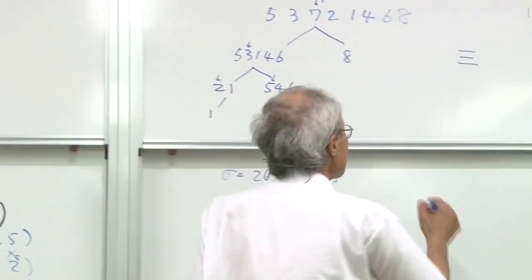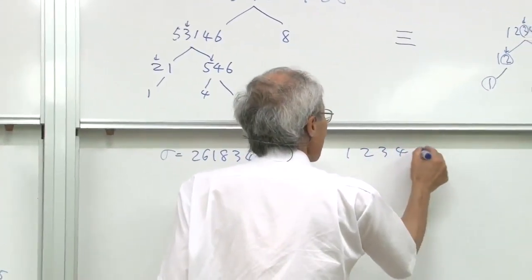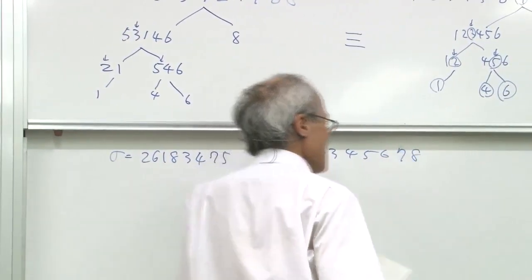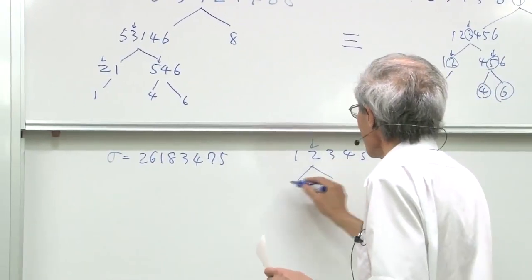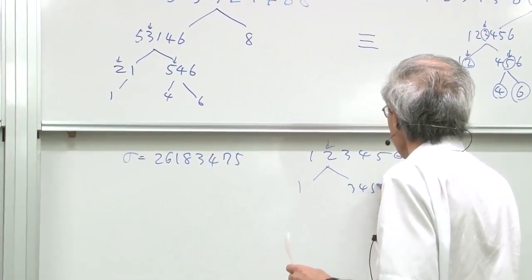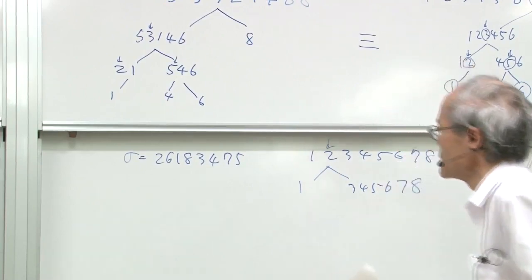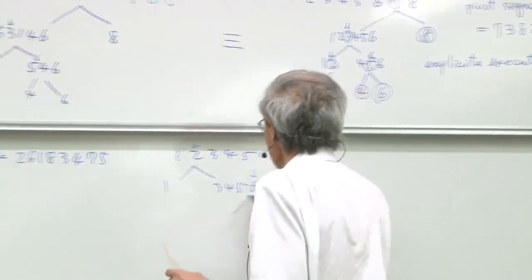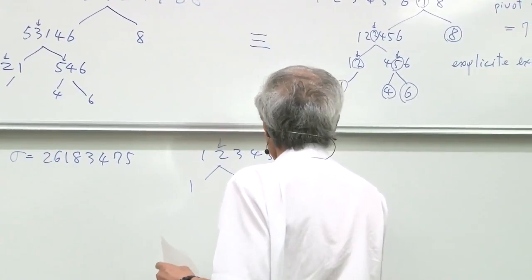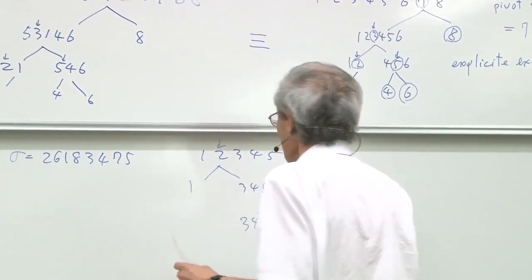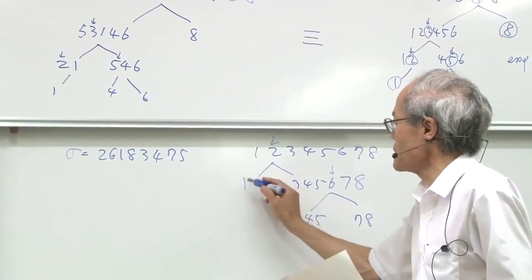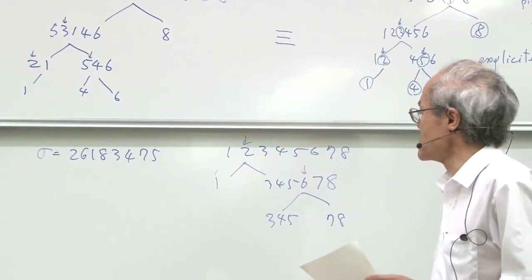Let's do it. 1, 2, 3, 4, 5, 6, 7, 8. Okay? First pivot is what? 2. Then 1, 3, 4, 5, 6, 7, 8. The second pivot 6. Okay? Now 3, 4, 5, 7, 8. Third pivot is 1. Okay, we are done. And the next 8.